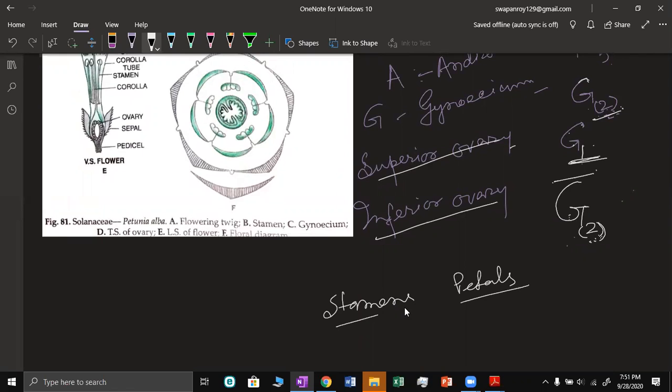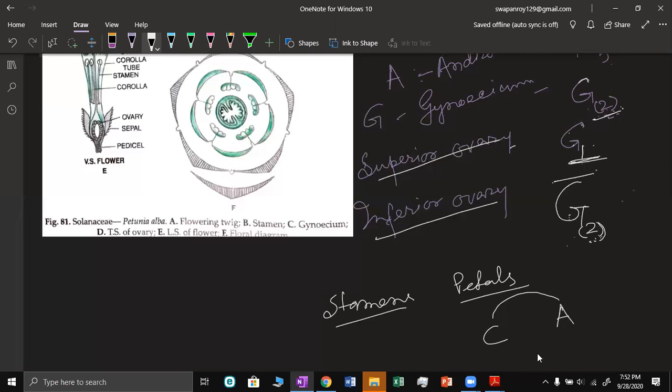Stamens and petals are united, the epipetalous condition. Petals we write with C, and stamens, androecium, we write with A, and this C and A are connected by an arc.